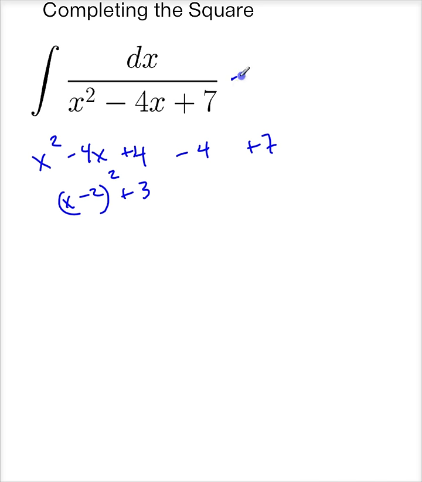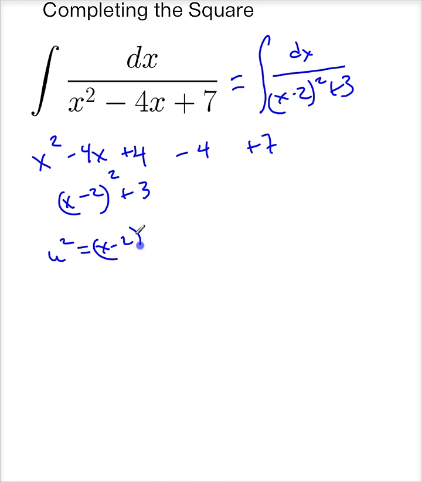So I'm going to replace this with the integral of dx divided by x minus 2 squared plus 3. Now it's pretty straightforward. I want to let u squared equal x minus 2 squared. So u is x minus 2, and du is equal to dx.